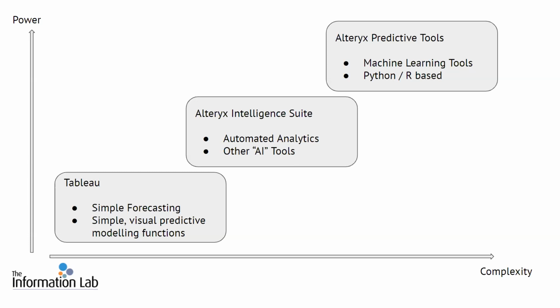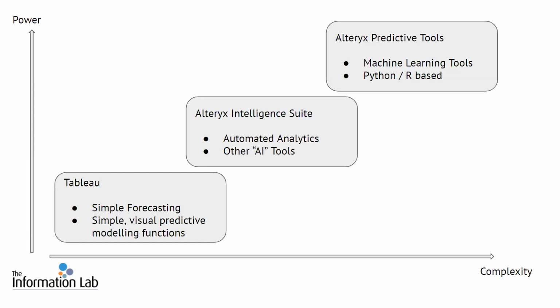And then Beth's going to show us the automated analytics in Alteryx that is a lot more powerful than what you can do out of the box in Tableau, but doesn't quite need the full-on data science knowledge of how to build a model and how to adapt it and build that out that perhaps Close Brothers used in that first predictive model, working out exactly which variables were going to be predictive and exactly what the results meant.